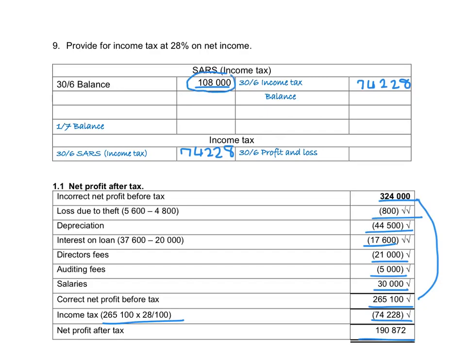We were only supposed to pay 74,000, so we paid too much money, and therefore SARS actually owes us 33,772 rand. And that is the balance that will appear in the balance sheet as current assets, because we will receive this money back from SARS.